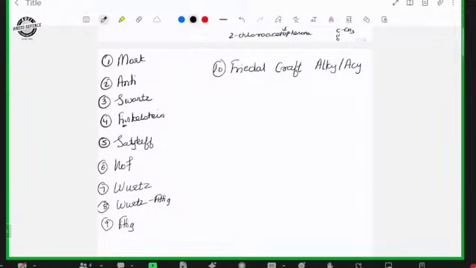If I'm taking chloromethane and chloropropane, what would be the product? In chloromethane, there is one carbon, and in chloropropane, there are three carbons. So 1 plus 3, 4. So we are getting butane.